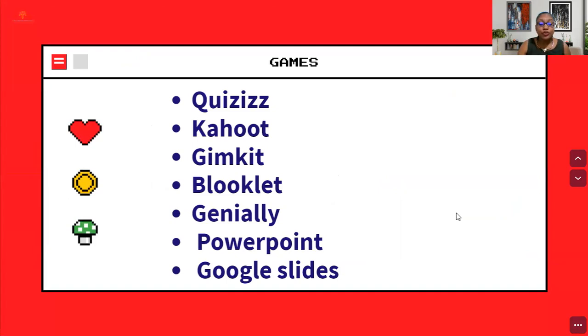Even if you do not have the internet, there are games such as Family Feud and Jeopardy, which you can play via PowerPoint, or even if you don't have access to digital devices or a projector, you can actually play these games using the normal whiteboard. And you can allow competition and collaboration at a safe distance.